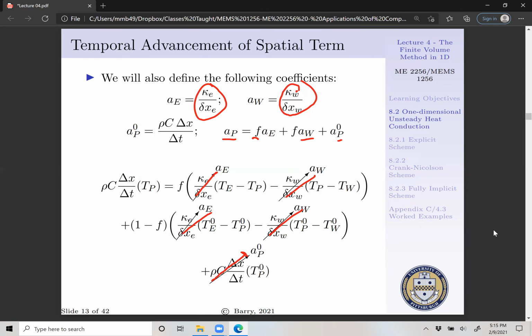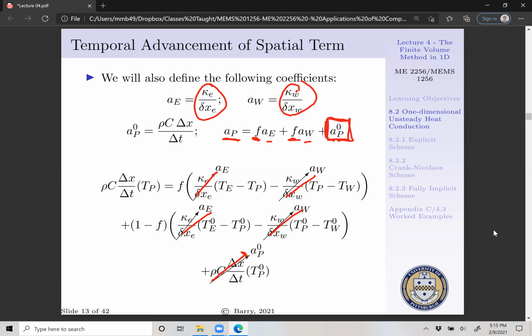AP is, once again, almost the same. Now we just have our weighting coefficient F leading A east and A west. And then we have to include AP naught from our previous time step. That guy's going to be hanging out. So our AP coefficient updates ever so slightly.